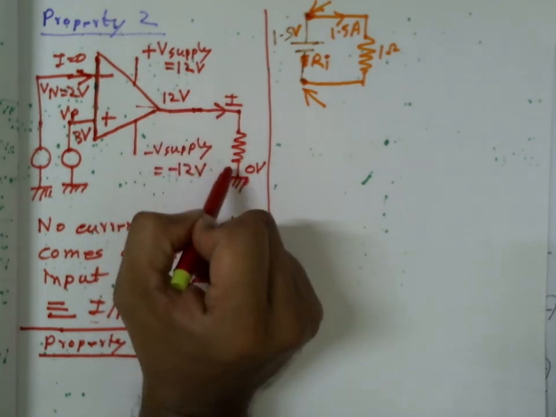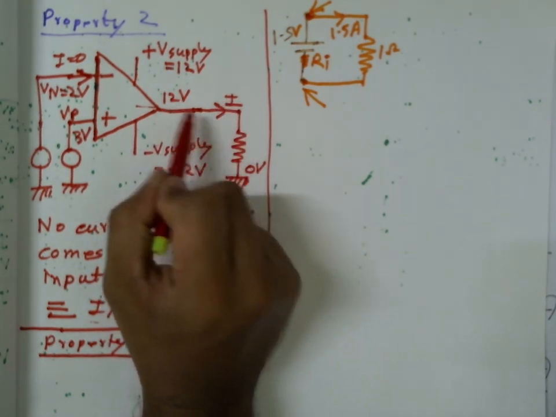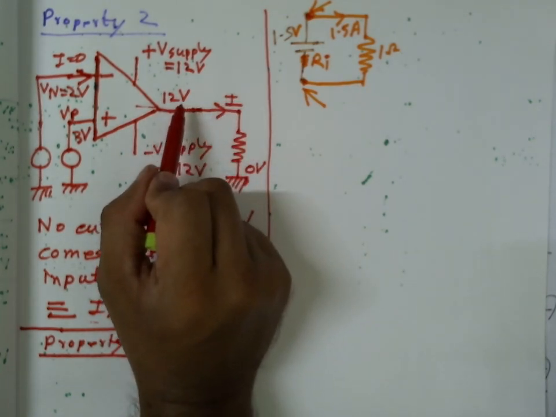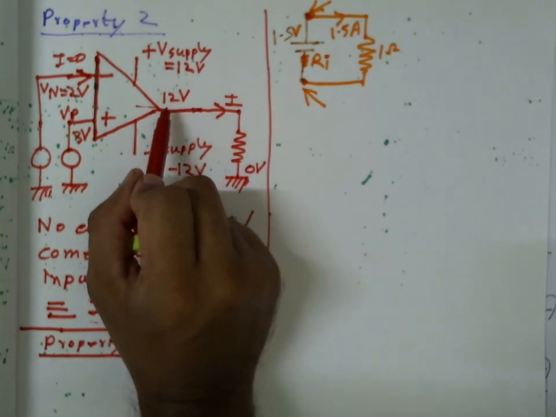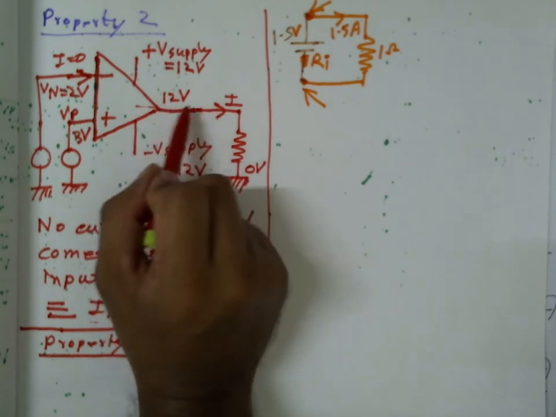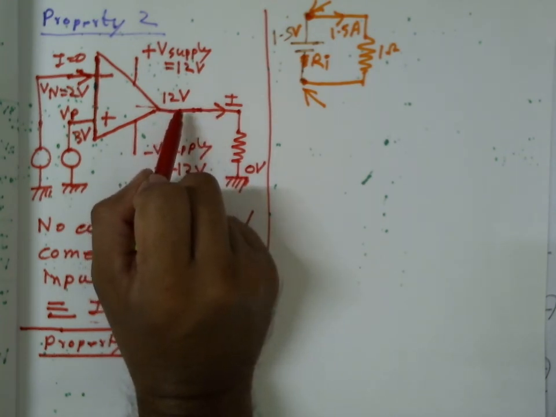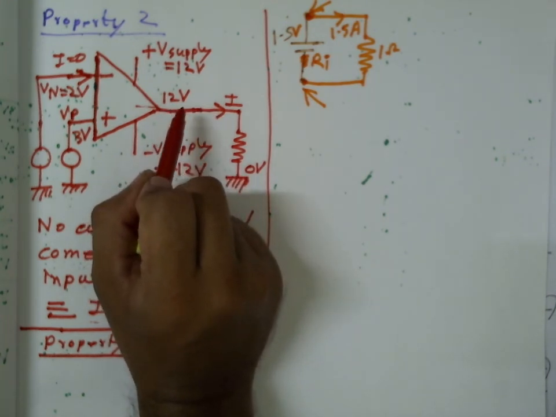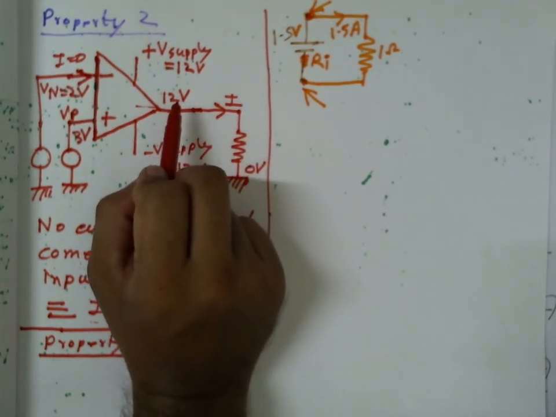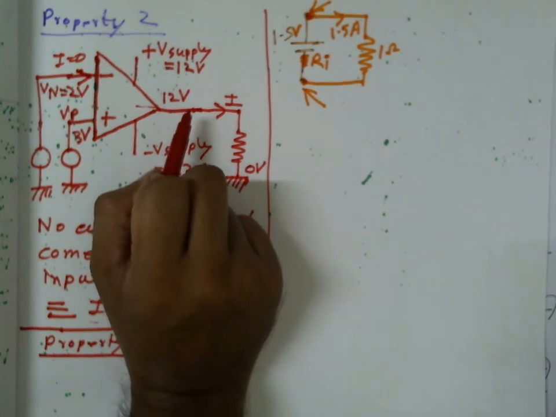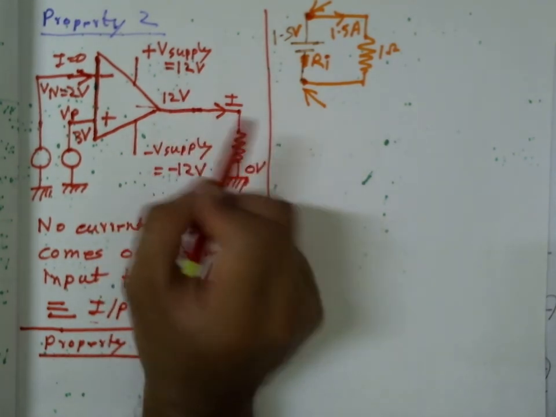So if you take any amount of current, ideally the voltage will stay at 12 volt. Practically it may drop slightly, but ideally, theoretically, it will still stay at 12 volt and will never become 11 volt or even 11.5 volt or even 11.8 volt. It will stay at 12 volt. It will never become 11.5.